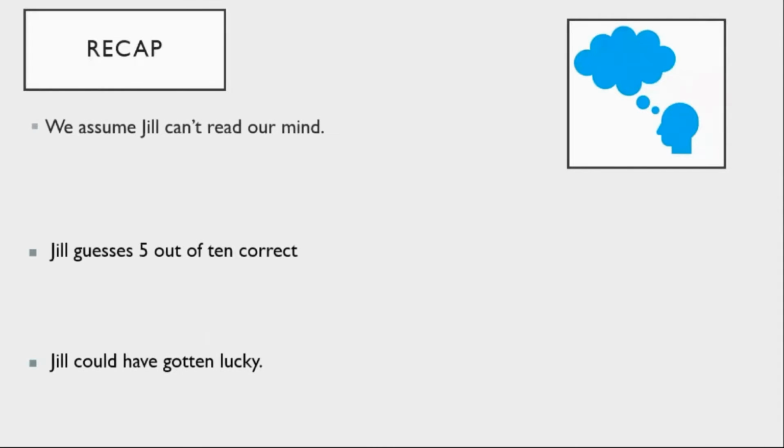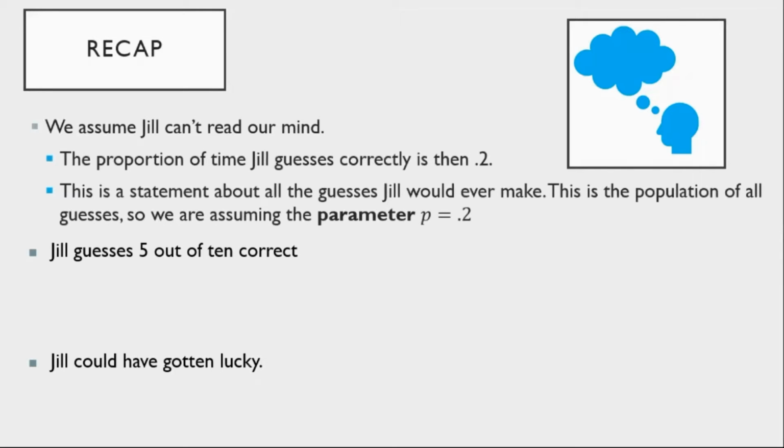So let's recap where we are right now. 3 key things that have happened. The first is we assumed that Jill could not read our mind. We witnessed her actually get 5 out of 10 correct, and we need to keep in mind this whole time that she might have just gotten lucky. In terms of Jill reading our mind, this is the proportion of time Jill was going to guess correctly out of all the times.